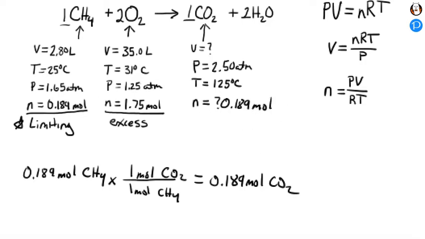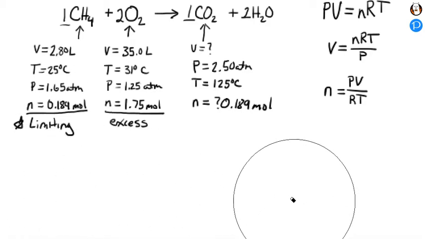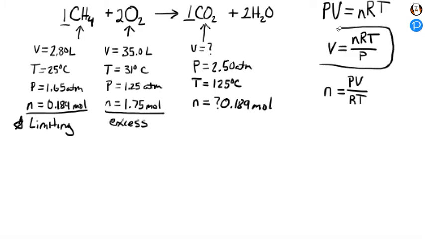Now we're still not done, because that's not what the problem is asking. The problem doesn't ask how many moles of CO2. What it asks is, what's the volume? So now I can use the ideal gas law to figure that out, because now I know n, I know the temperature, I know the pressure, and now I can figure out the volume.